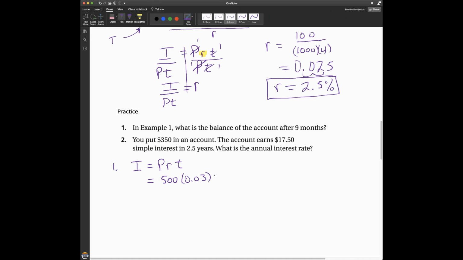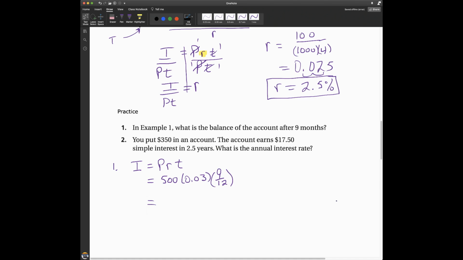Two ways we can do this. I'm going to write this as a fraction, 9/12. That's 9 months. 9 months represents 9 months out of 12 months. So that's how I could write 9 months as a fraction or a decimal.